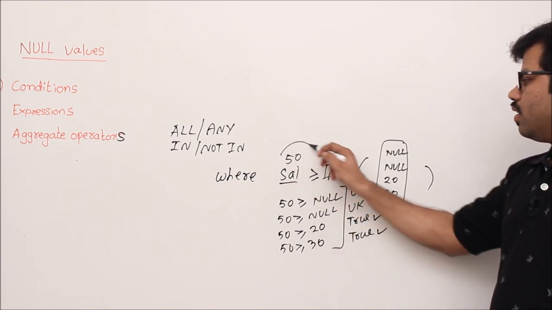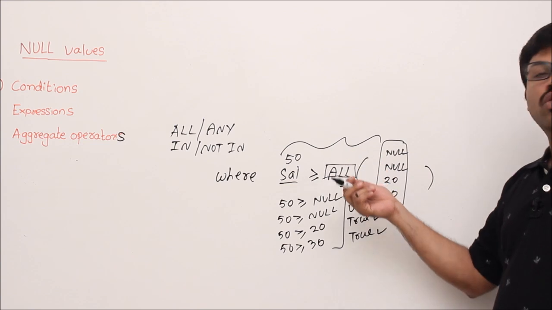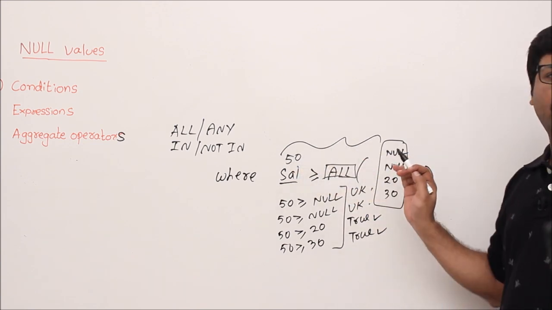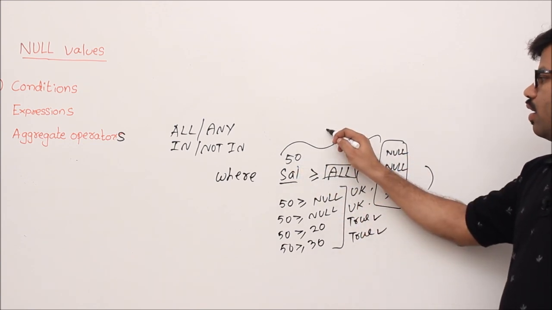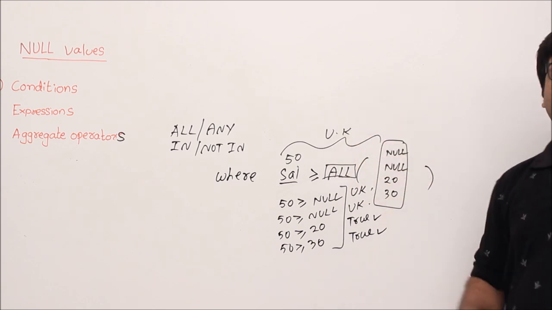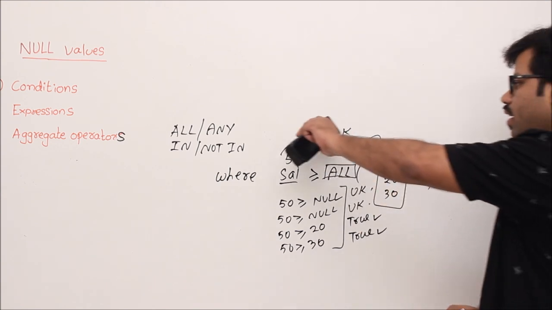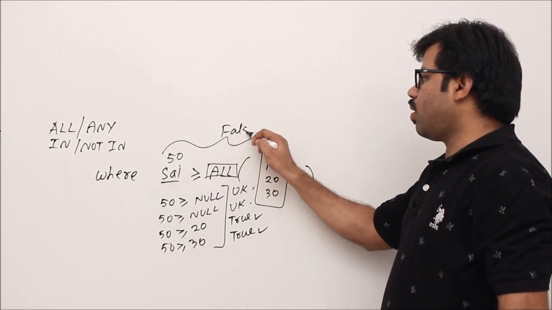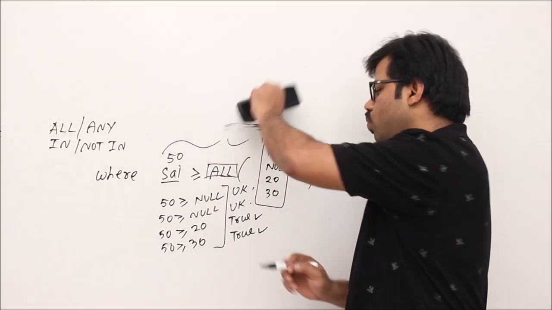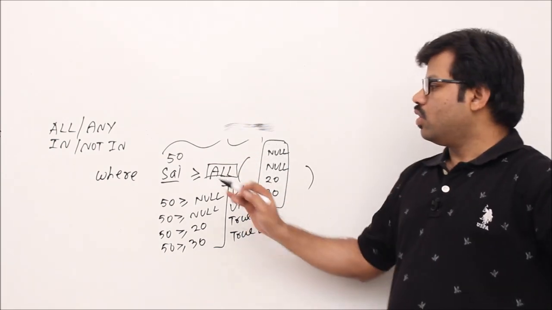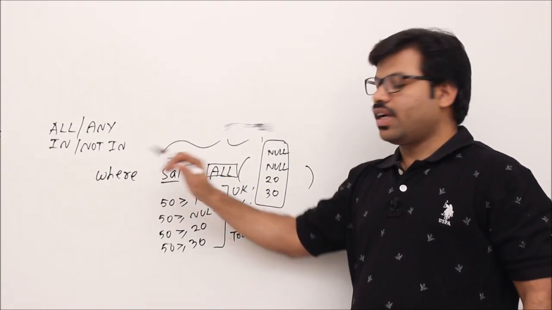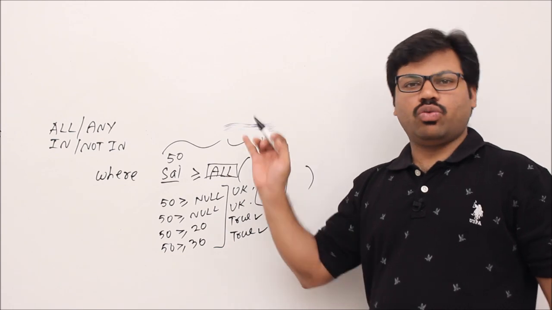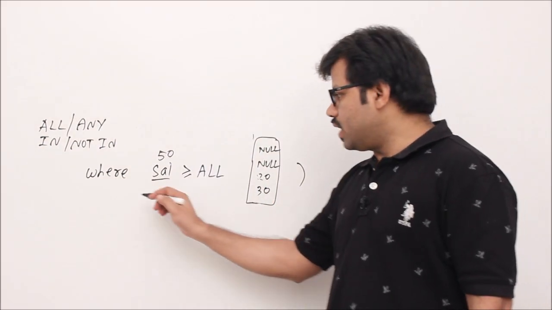So finally this expression will be evaluated to non-true. That means it's definitely not true. You can treat it as unknown, otherwise false, not a problem, but definitely it is not true. So at this moment, the where condition will not be evaluated to true. Remember it.